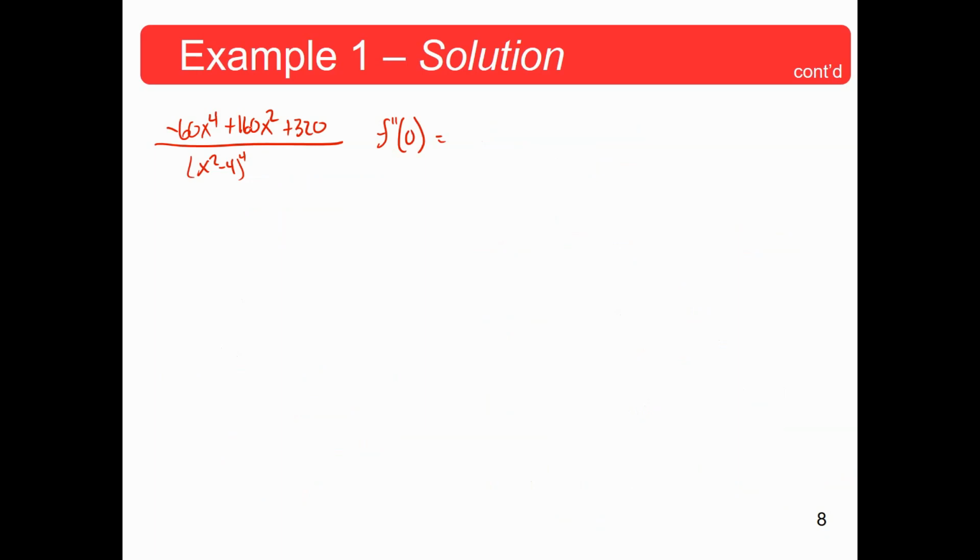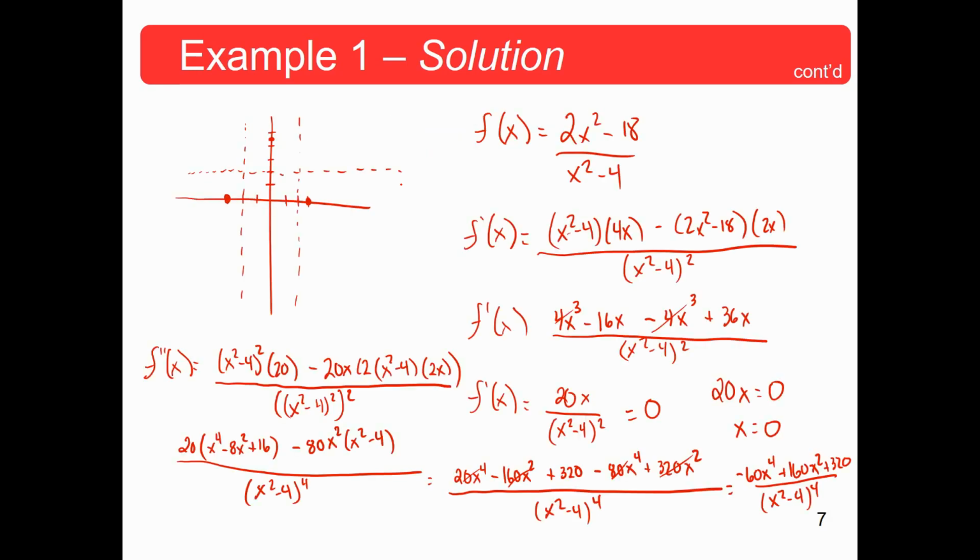That gives me 0 plus 320 over 0 minus 4, but negative 4 to the fourth power is, whatever it is, positive, right? A positive divided by a positive is positive. Therefore, I'm concave up because it's positive, which means that 0 represents a minimum. And since it's approaching an asymptote, we know it's going to look like that.